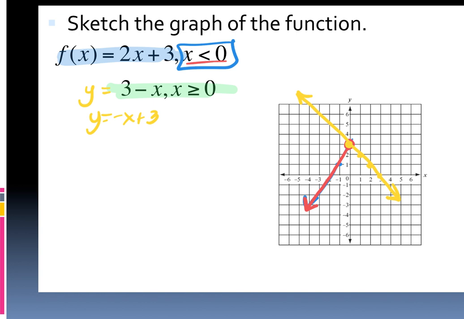And then I would go back and say, now I want it for the values that are greater than or equal to 0. So I can erase everything before it and only keep where it's greater than or equal to 0. This time it said greater than or equal to, right? So I use a solid dot. And that solid dot overtakes the open dot.